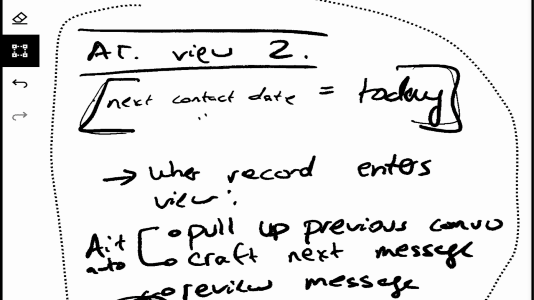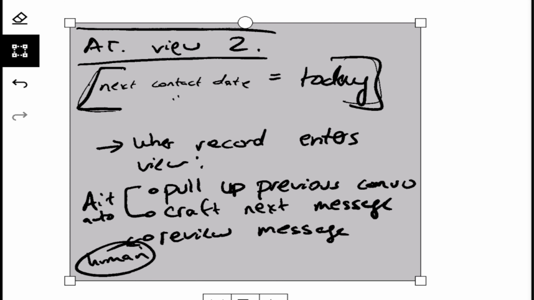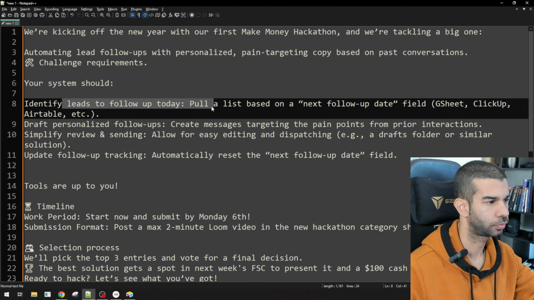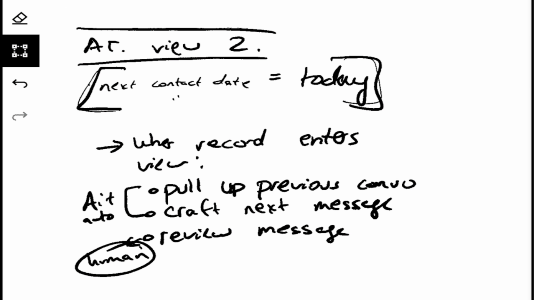So take that and make it smaller. And finally, we need to update the follow-up and tracking information. So it automatically resets the next follow-up date. Okay, so that shouldn't be too difficult.